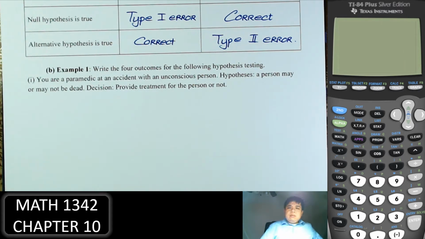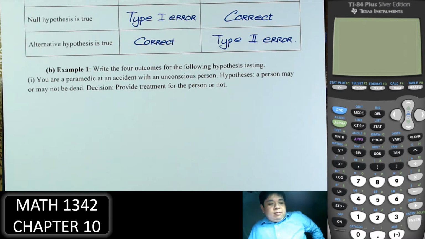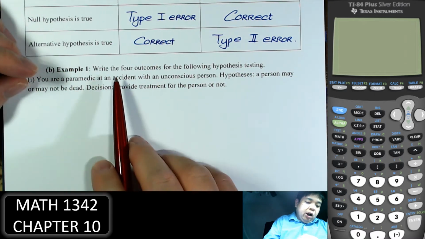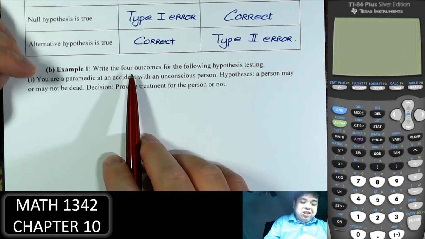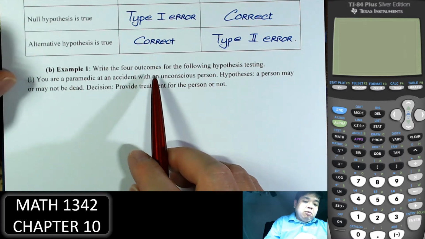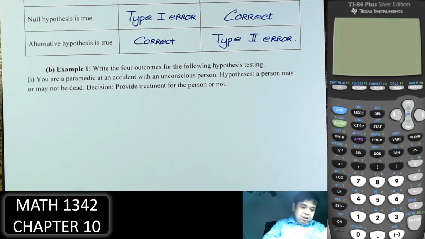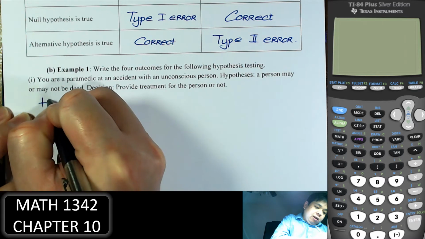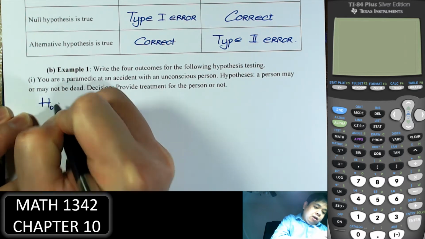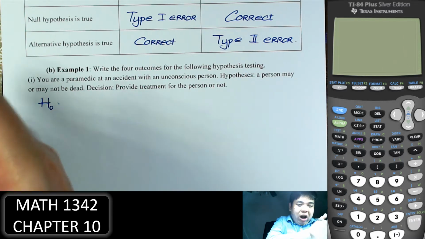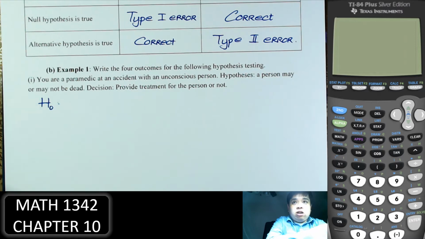So let's say we are a paramedic, we arrive at an accident scene with an unconscious person. What would be the null hypothesis? Remember, the null hypothesis is the statement of status quo, unchanged, no difference. So when you arrive there, we assume that the person is still alive, because that is the status quo.